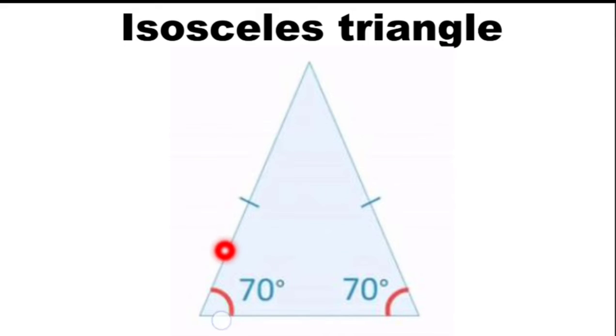The length of this side and the length of this side are the same because they are marked with identical marks, and both the base angles down are 70. Both the angles are 70. That means they are the same. So what did you learn about the isosceles triangle? You learned that in an isosceles triangle, two sides are of the same length and two angles are equal.